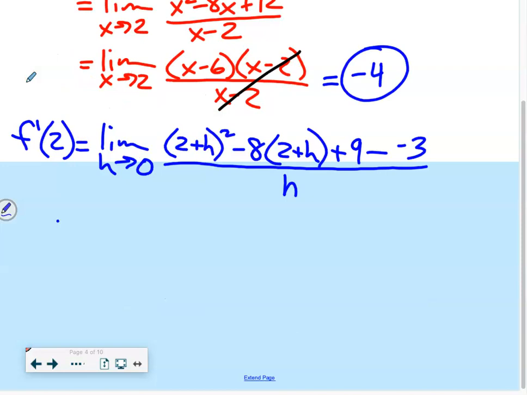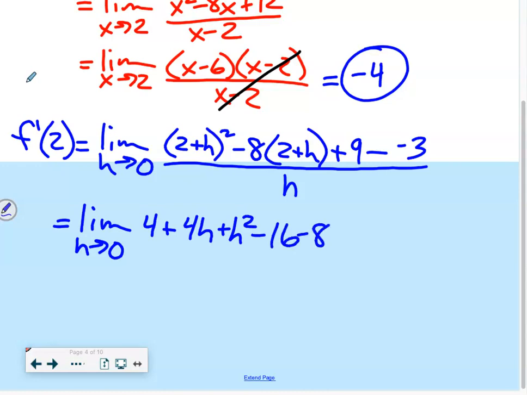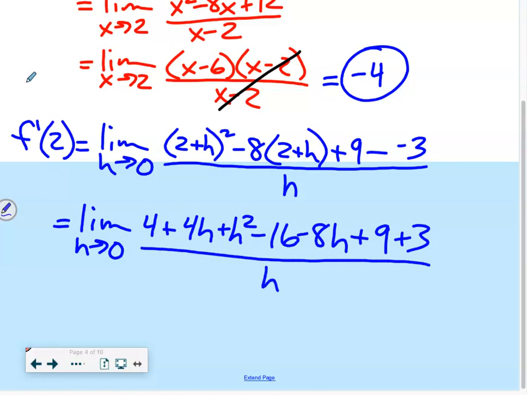Now it's just a whole bunch of algebra. All right, so let's square this out. So we get 4 plus 4h plus h squared minus 16 minus 8h plus 9 plus 3 all over h. Just distributing it all out. All right, I'm going to write this nicely in descending order. So h squared is h squared. I'm going to underline as I go.